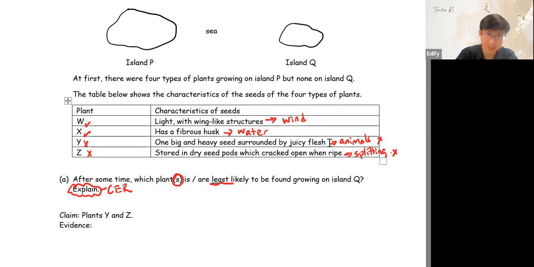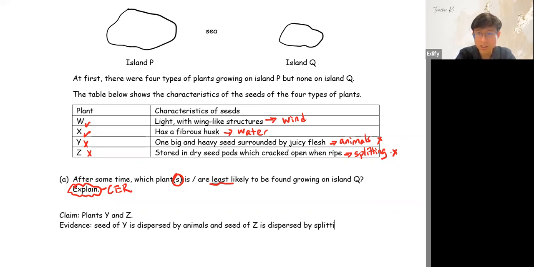But my inference is that the seed of Y is dispersed by animals, and the seed of Z is dispersed by splitting. These are my observation and inference. Then I have to explain, so what? Dispersed by animals, dispersed by splitting, so what? Why can't it be found in Q?